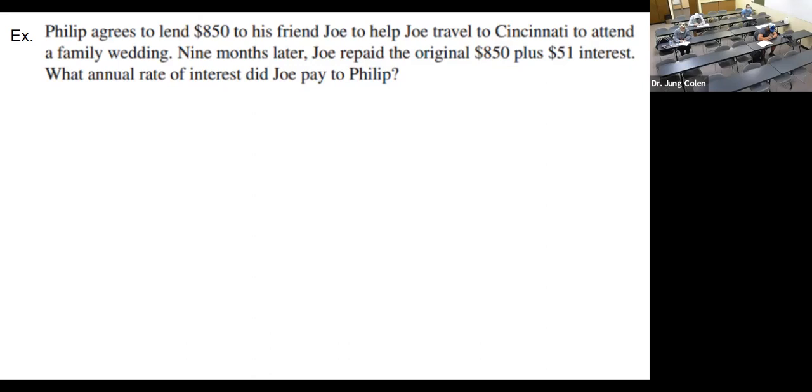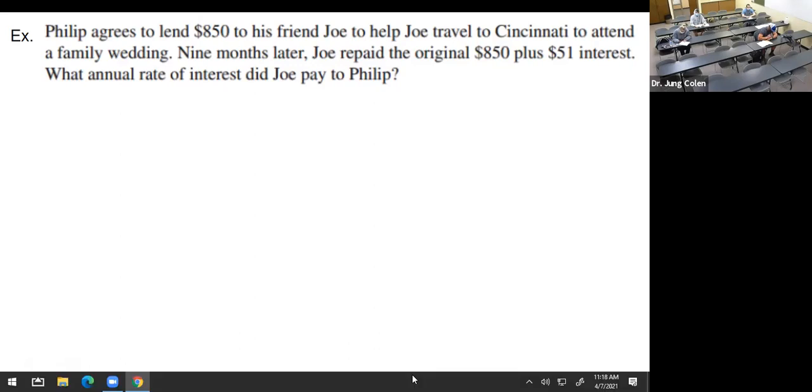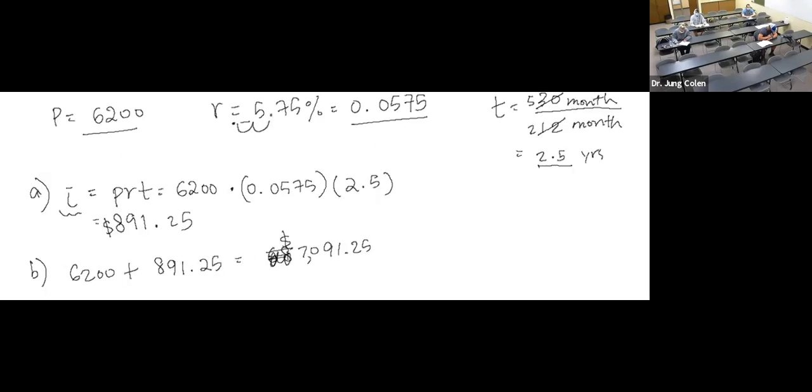So I want you guys to set up an equation here. On your paper, set up an equation, how to solve this problem. I can randomly call your name, okay?